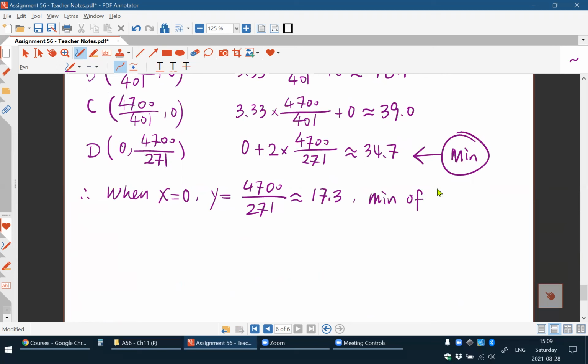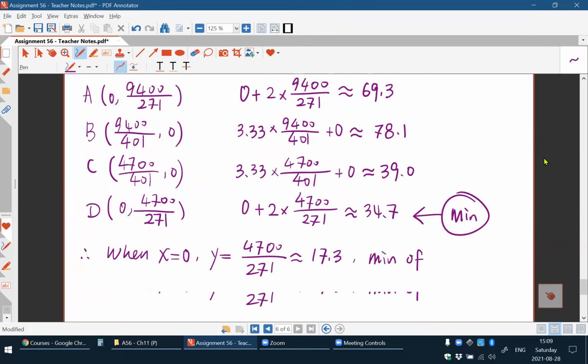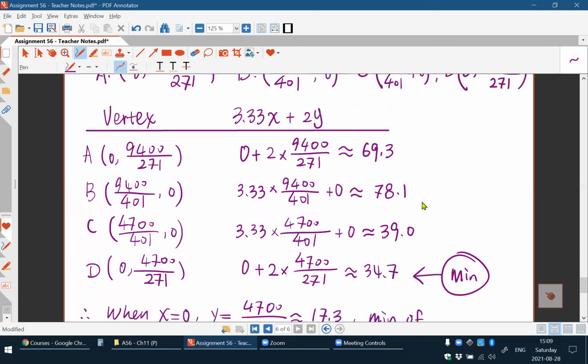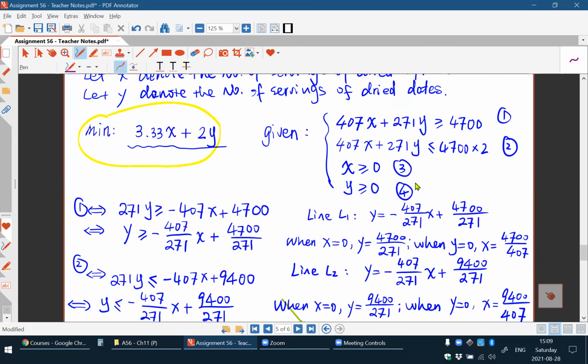The minimum of 3.33x plus 2y is 34.7, right? And back to the question.